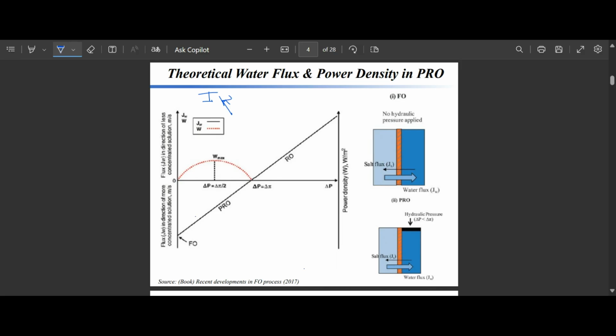When you look at the diagram, PRO mode here, the active layer is facing, and initially the value is this, ideally this amount, but facing the membrane, this ideal value is decreased by this amount by concentration polarization. In the feed solution, the concentration increases inside the membrane; we call this concentrative internal concentration polarization.